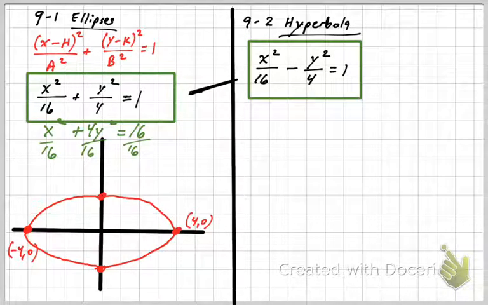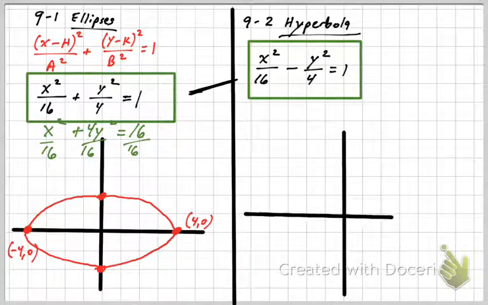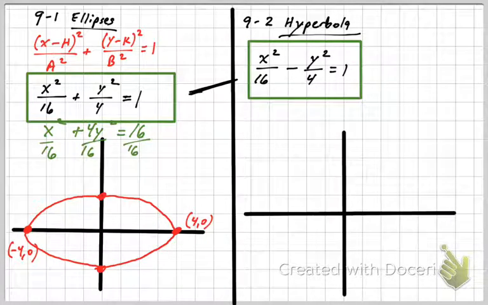Please watch how I graph this one. Under the x is a 16. What's the square root of 16? 4. So I still go 4 to the left and 4 to the right. What's under the y? The square root of 4 is 2, so I still go 2 in the y direction.